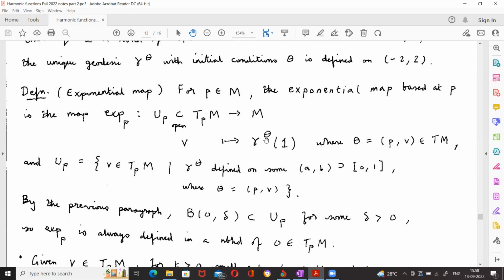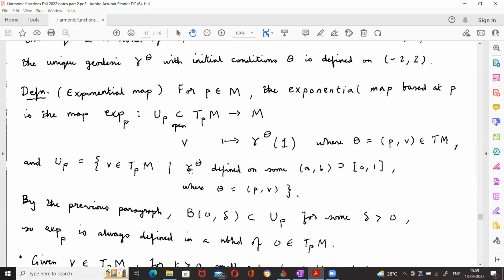That means this gamma theta is nothing but the geodesic with initial conditions p comma v. Where this U sub P is the set of vectors v in the tangent space such that gamma theta is defined on some open interval ab containing the closed interval 0, 1, so that this gamma theta of 1 makes sense. Where theta here is p comma v.